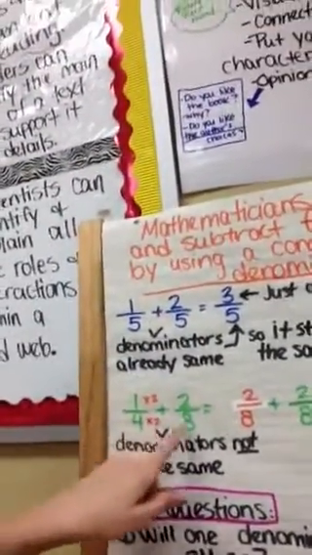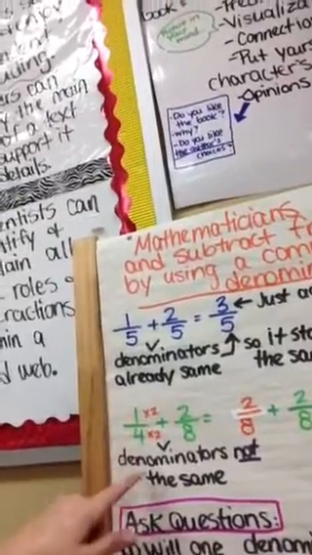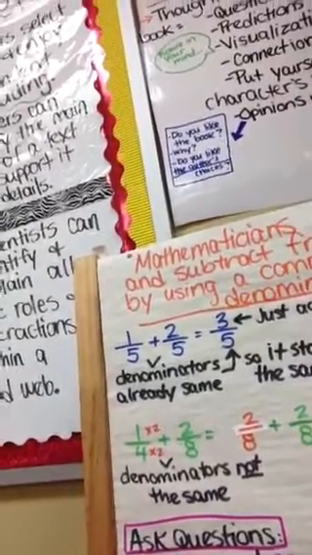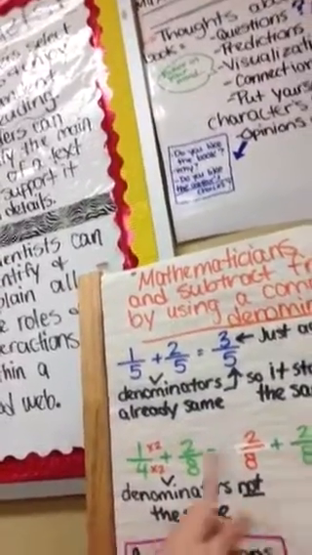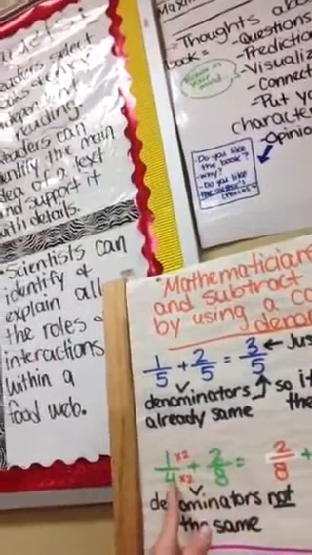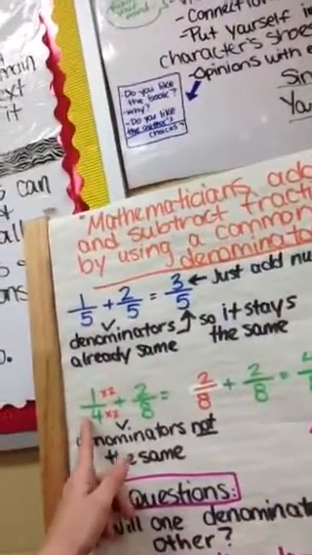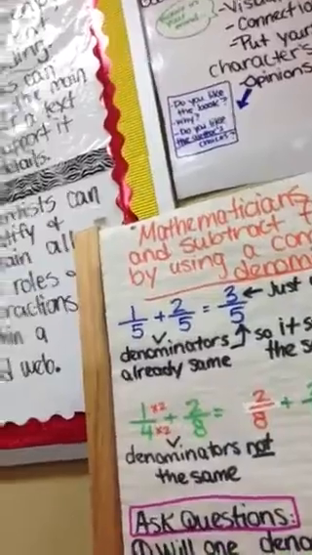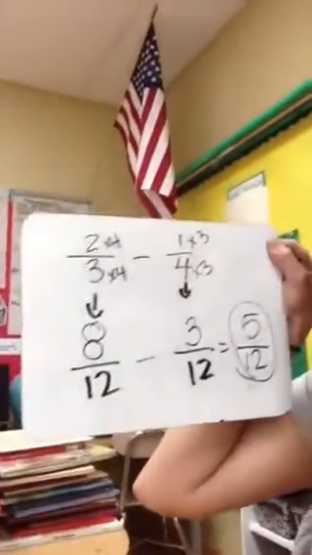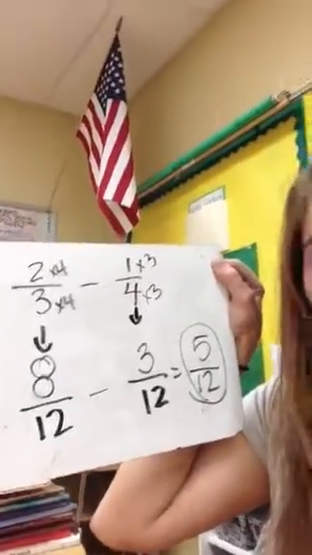The second step, if they're not the same, 4 and 8, then I need to ask myself, will one denominator go into the other? If so, keep the larger denominator and just change the 1 denominator. So in this case, I just changed the 4 to be an 8. And in that last question, if neither of the denominators were the same, I had to find a common denominator and change both of the numerators.